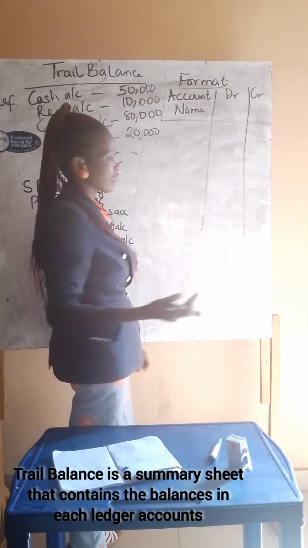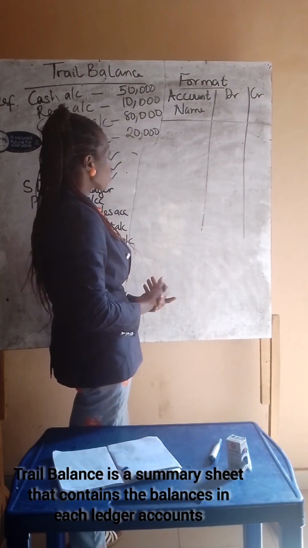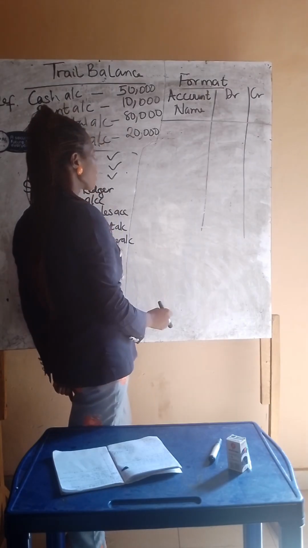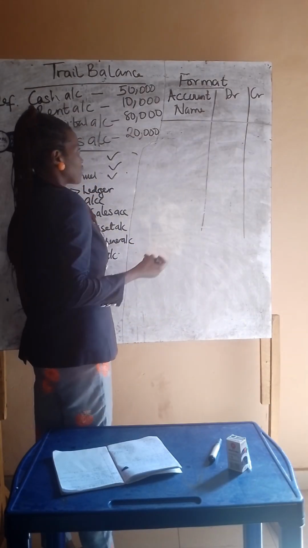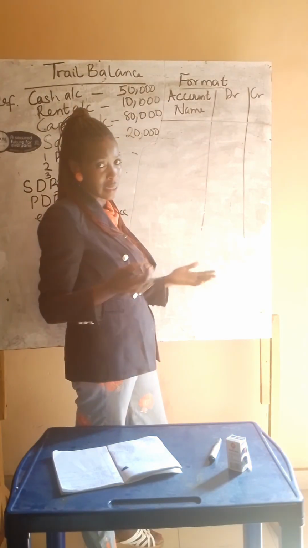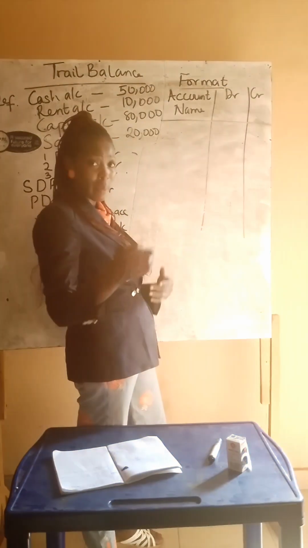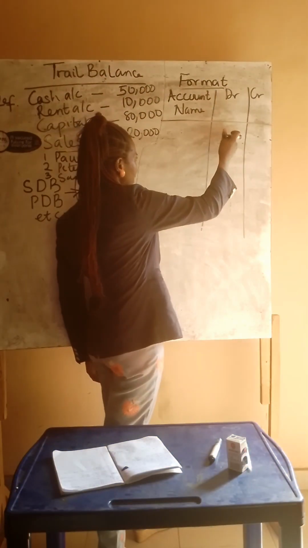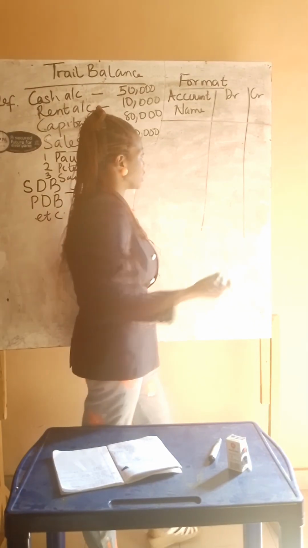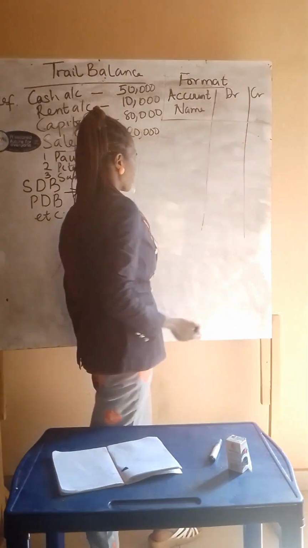That's how you draw your trial balance. There must be a name, the list of all the accounts. So you write that first, and then for each account, the balance that is there, is it a debit balance or a credit balance, as the case may be. If it's a debit balance, I'm going to write on the debit side. If it's a credit balance, we write it on the credit side for each of them.